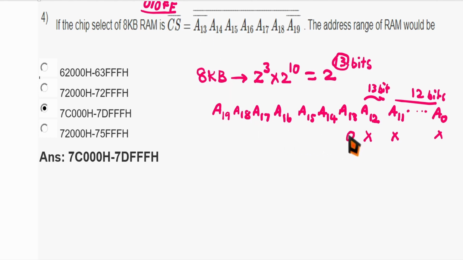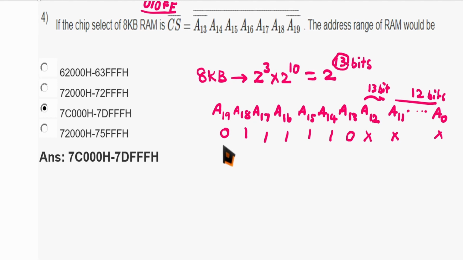A14, there is no bar above this 14, so it should be 1. A15 is also 1. A16 is 1. A17 is 1. A18 is also 1. But A19 should be 0 to produce an active low chip select signal. So this should be 0.